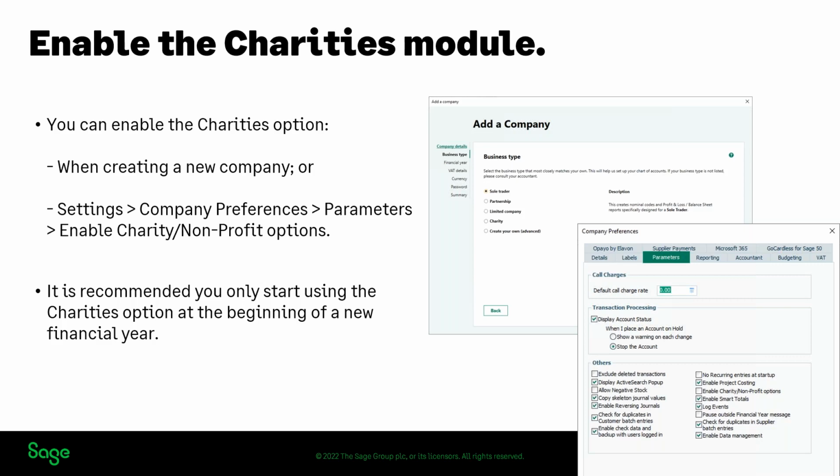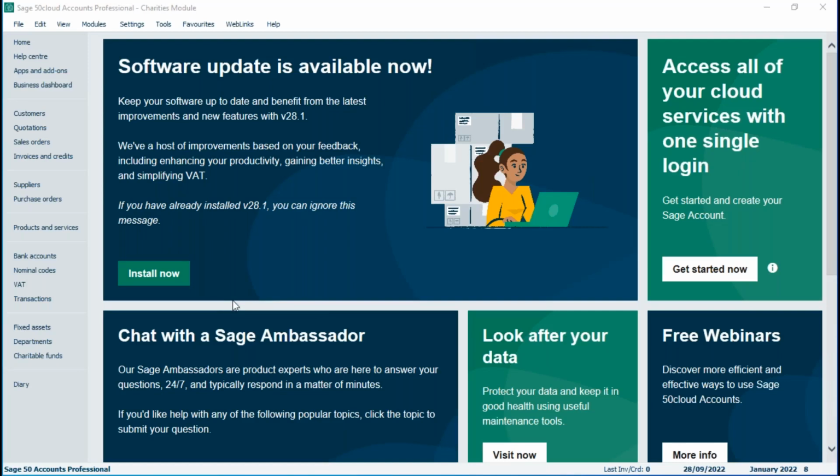Now, one thing I must mention as well, I forgot to mention this one. If I just pop back to my desktop very quickly, if you enable that charitable funds option, or you're told it's enabled, maybe you're not the data owner or the manager, you don't have access to the manager logon. If that is enabled and you can't see that option, it's going to be for one of two reasons. One is your level of access: your logon name, the access rights linked to that, doesn't have access to it.